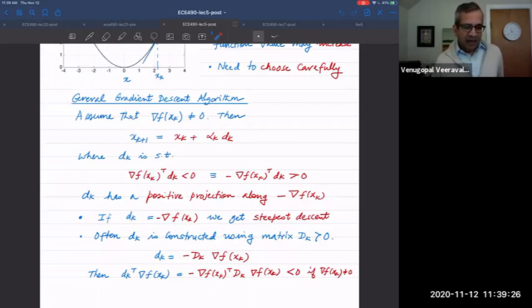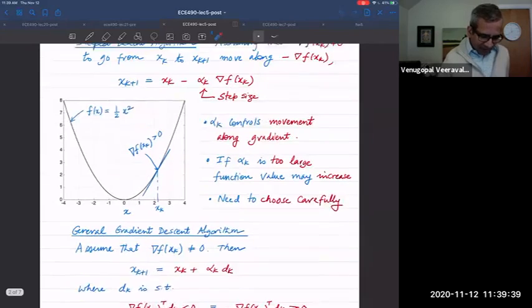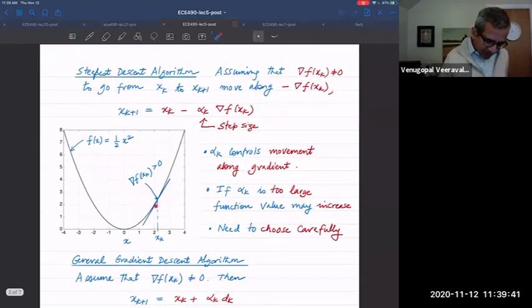What we mean is that as long as we go in that direction by a small amount, we're guaranteed that we'll decrease the function. If you go by a large amount, for example here, you may end up here, which is not a smaller value. But it's a descent direction in the sense that if you go by a small amount, you are guaranteed that you will decrease the function.